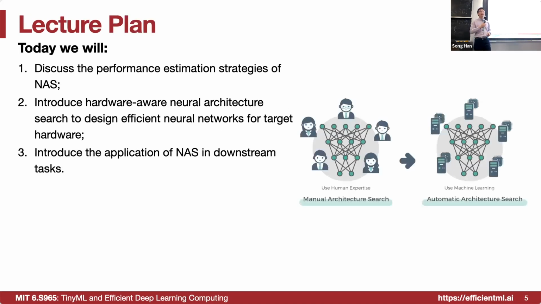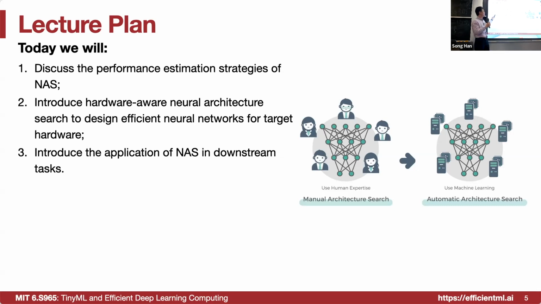All right. In this lecture, we are going to learn 3 parts. First, we discuss the possible choices for performance estimation. Second, how to efficiently search for efficient models, where we introduce hardware-aware neural architecture search techniques, to enable the model to be not only accurate, but also efficient on target hardware devices, from a single device to multiple devices.